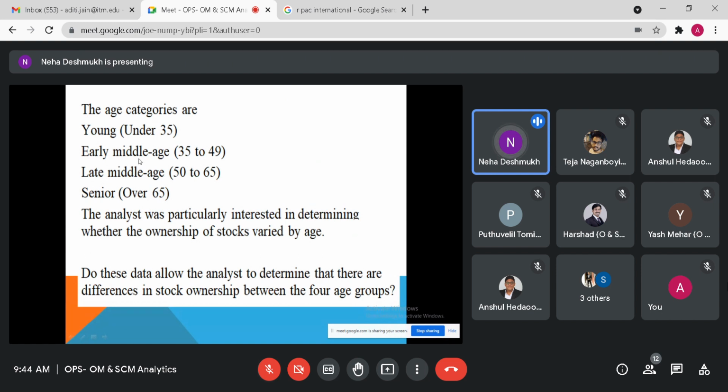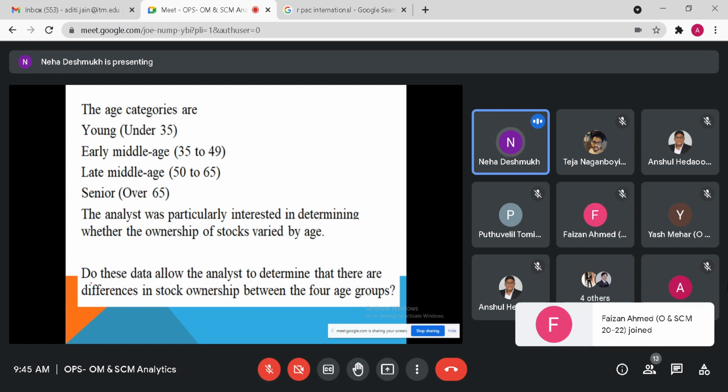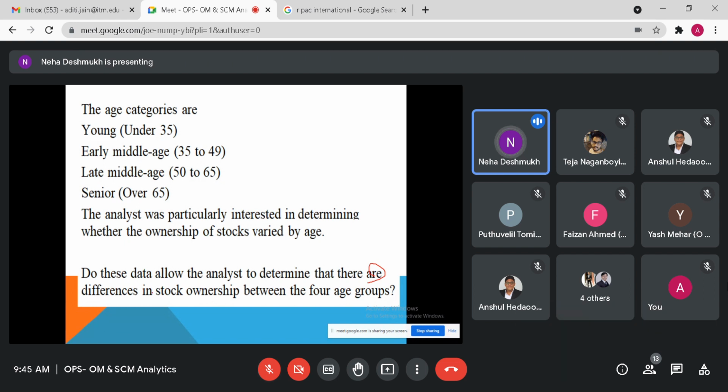Do these data allow the analyst to determine that there are differences in stock ownership between the four age groups?